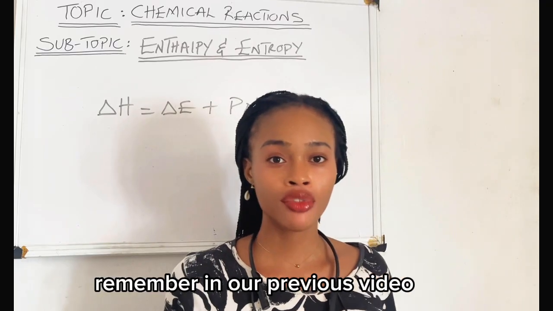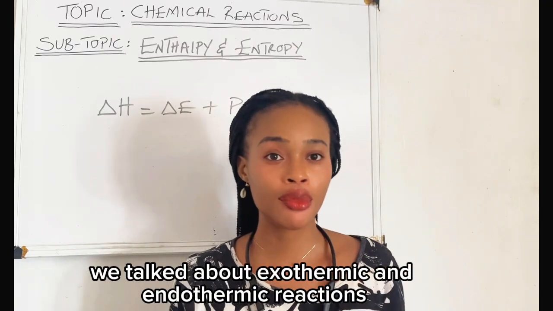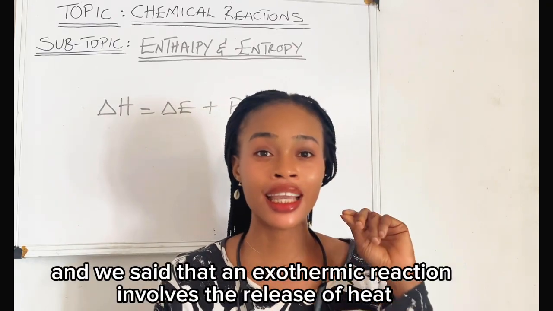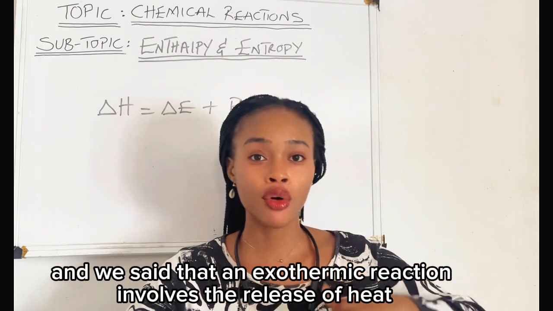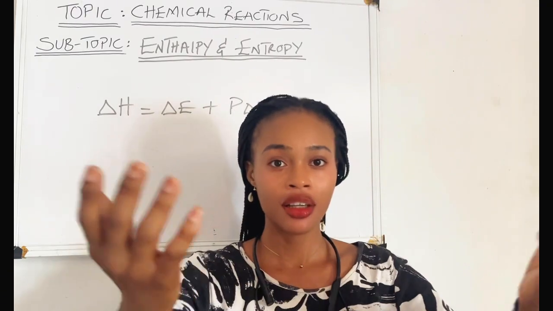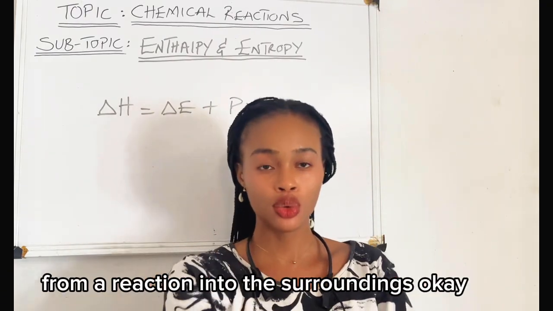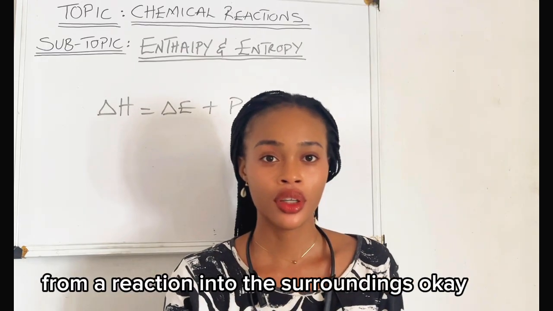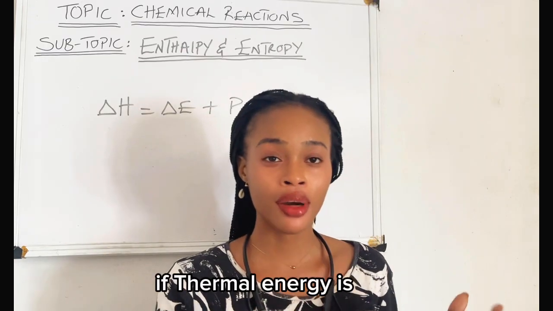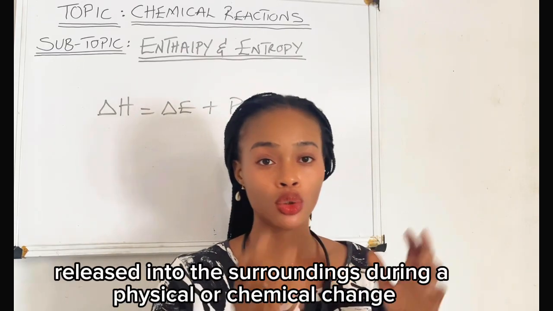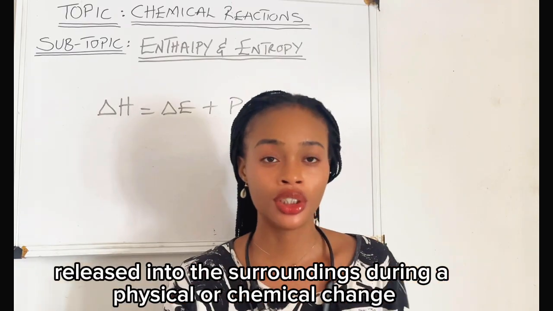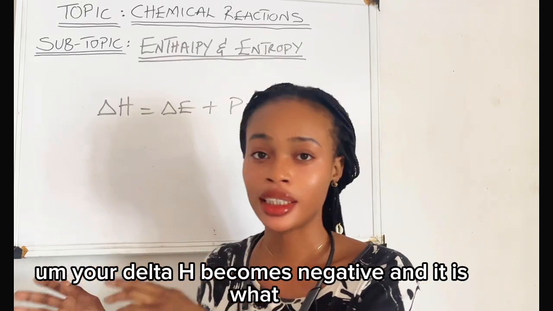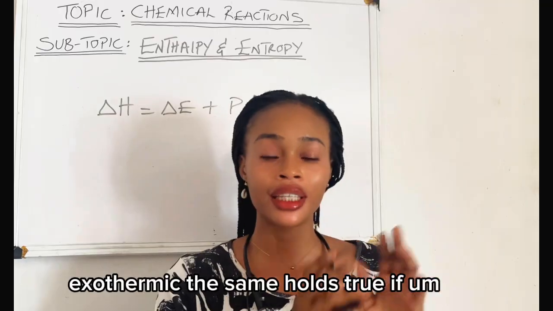Remember, in our previous video, we said that an exothermic reaction involves the release of heat from a reaction into the surroundings. So if thermal energy is released into the surroundings during a physical or chemical change, your delta H becomes negative, and it is exothermic.